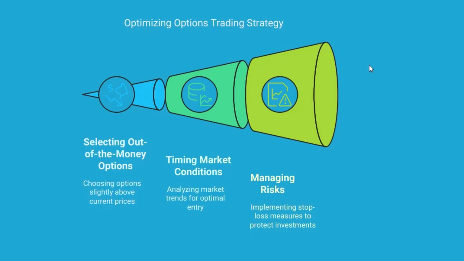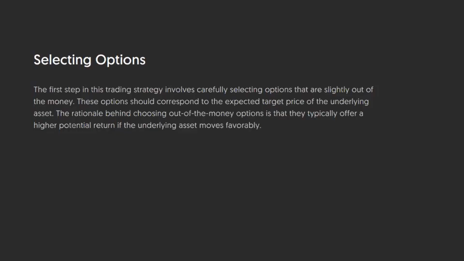After selection of the out of the money options, timing market conditions is very, very important. So we are analyzing the market trends for optimal entry. Next is implementing stop loss measures to protect our investments.